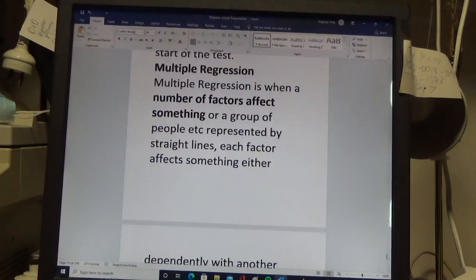So with multiple regression, it's straight lines where y equals a plus mx. So a is your y-intercept and m is your gradient, x is your independent variable and y is your dependent variable.